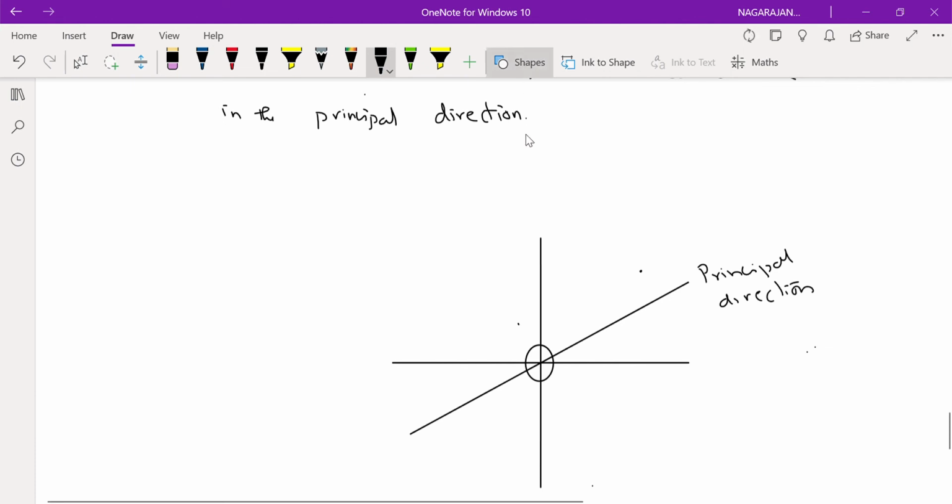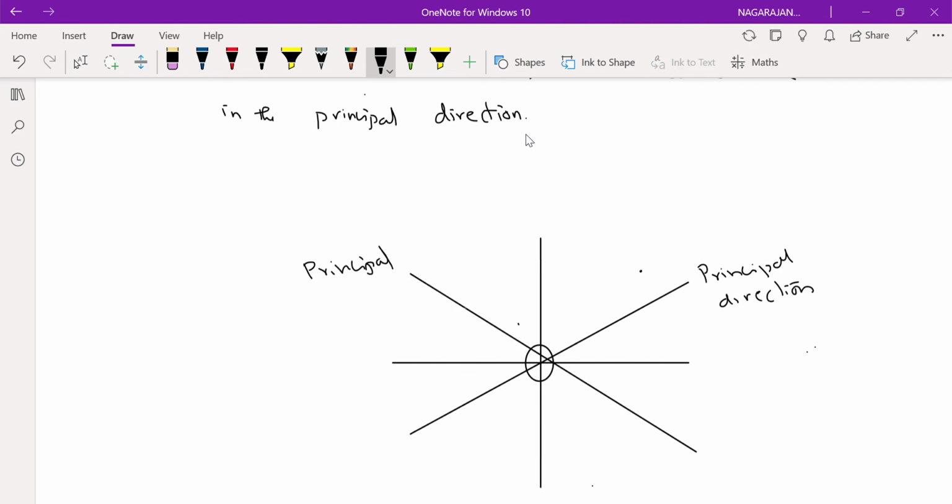Similarly, 135 degrees is also a principal direction, in the second quadrant.